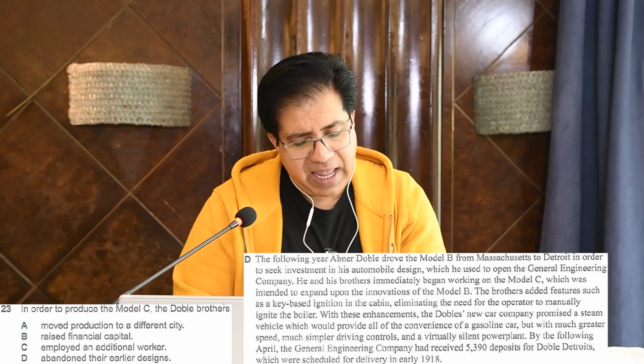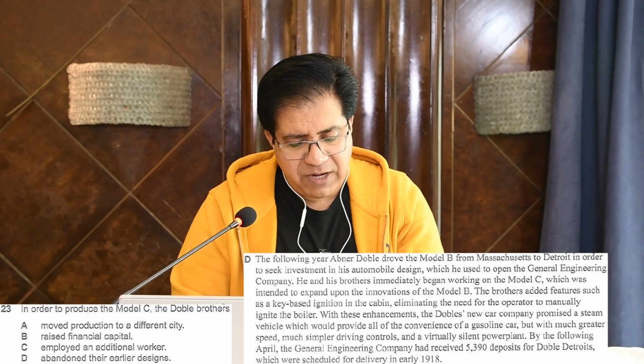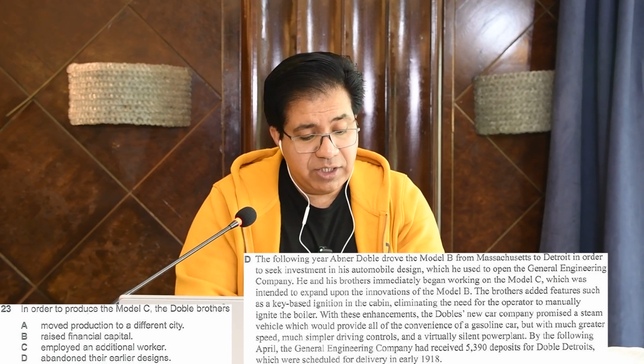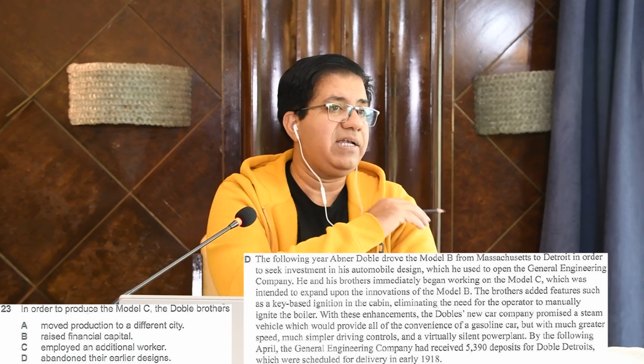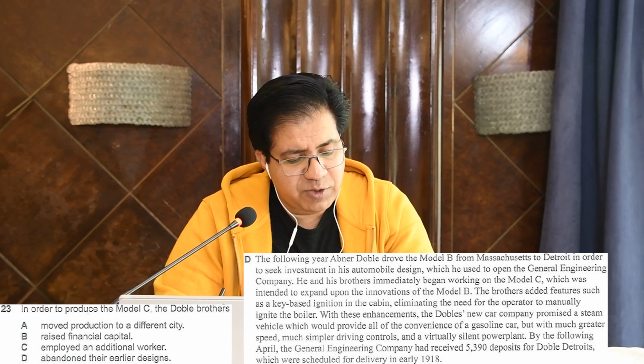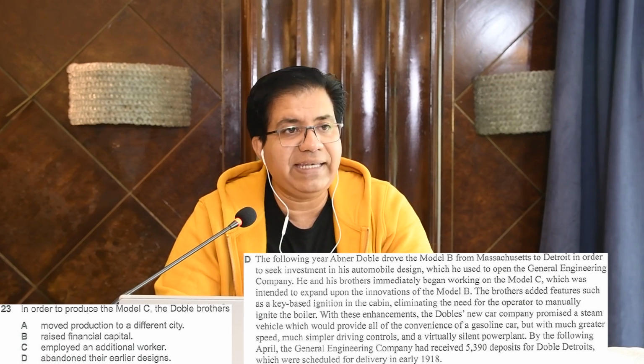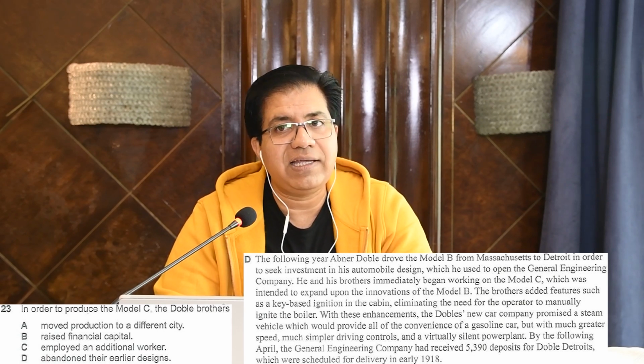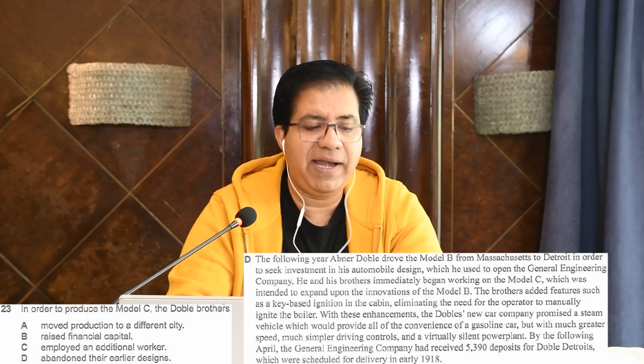The following year, Abner Doble drove the Model B from Massachusetts to Detroit in order to seek investment in his automobile design, and that design was Model C. So in order to seek investment, investment means capital. Seek investment means raised financial capital. B is the right answer for that. Okay, good.